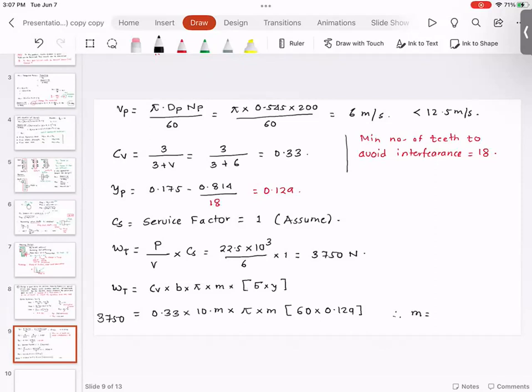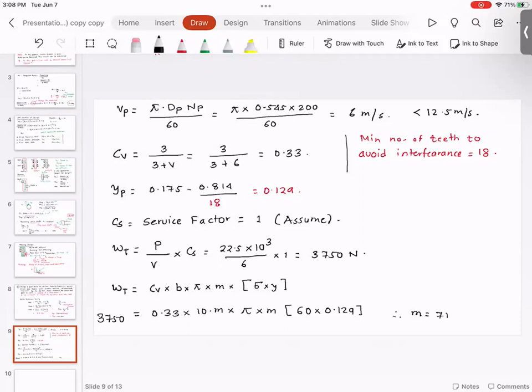So tell me from here, what is the value of module? 6.8.